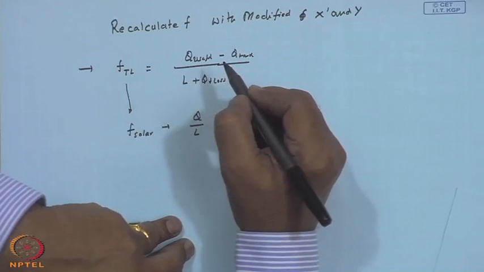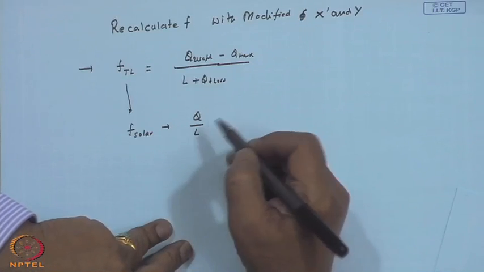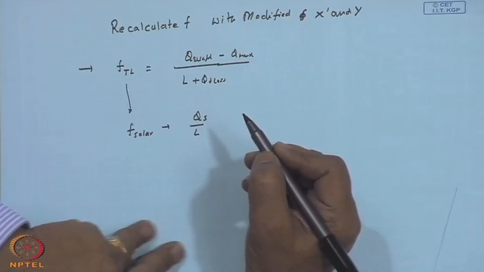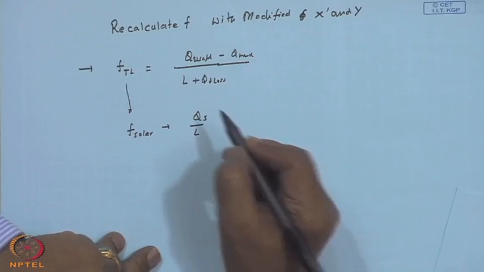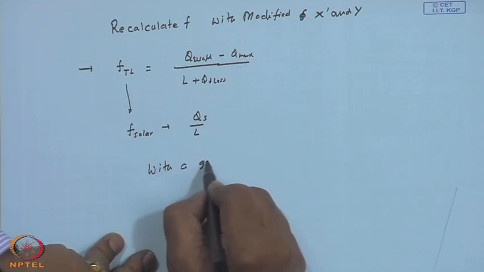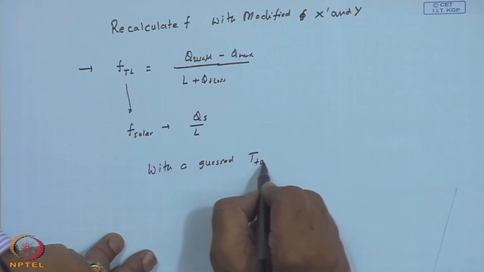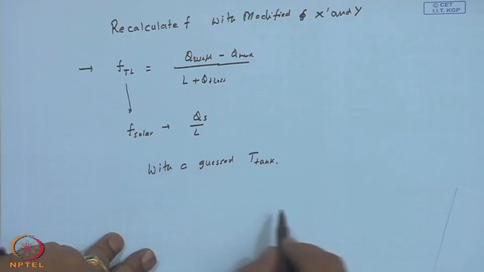So, I can calculate what is Q s by L, right, but this is with a guessed T tank, right.